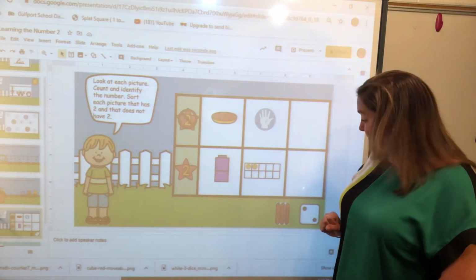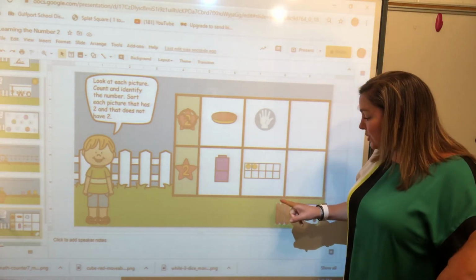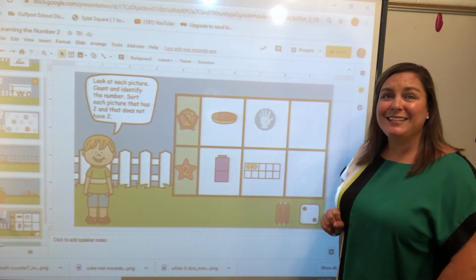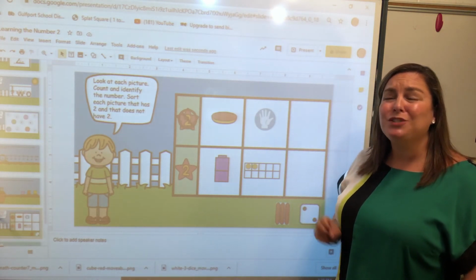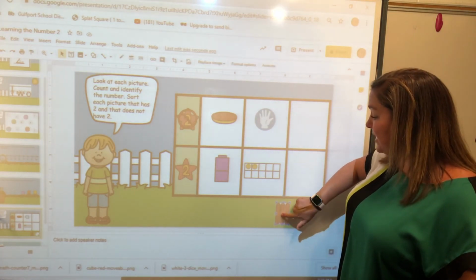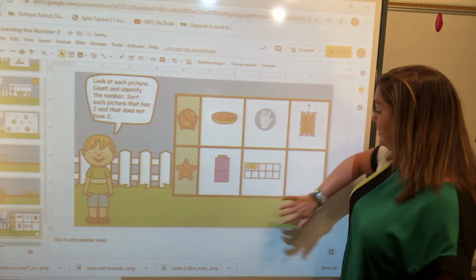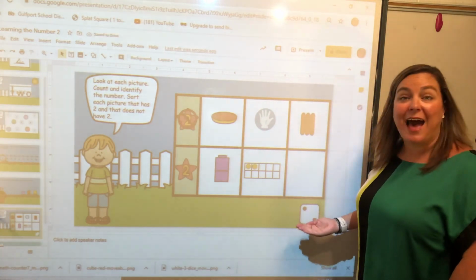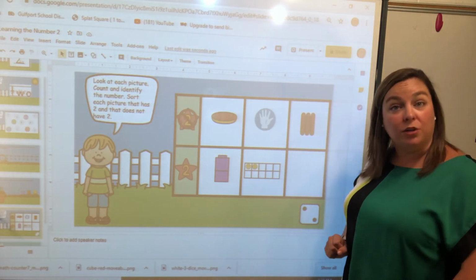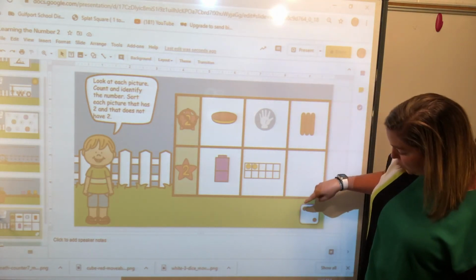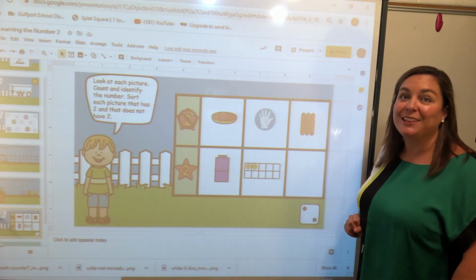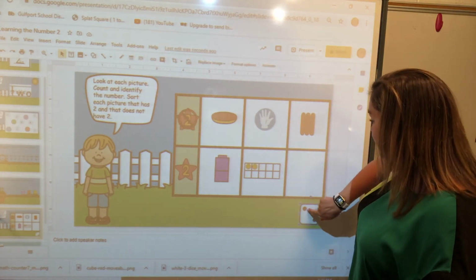Let's count how many. 1, 2, 3. 3 is not the same as 2. It's 1 more than 2. This belongs in the section that does not have 2. And our last picture is a picture of a die. Let's count how many dots are on our die. 1, 2. That does have 2. Let's put in the section that does have 2.